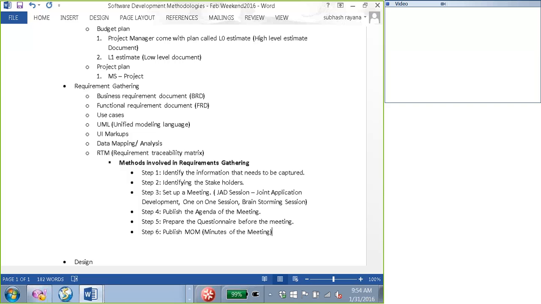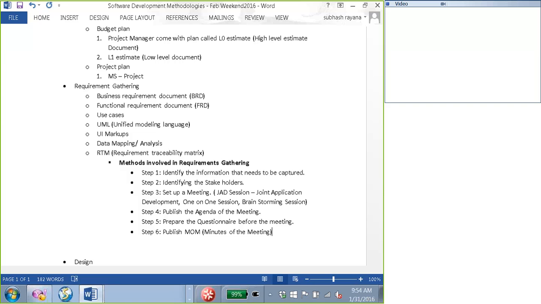If there is a difference of opinion and they are not replying back, it means that they are agreeing to what you have summarized in the meeting. Eventually, that information will be documented in your report.